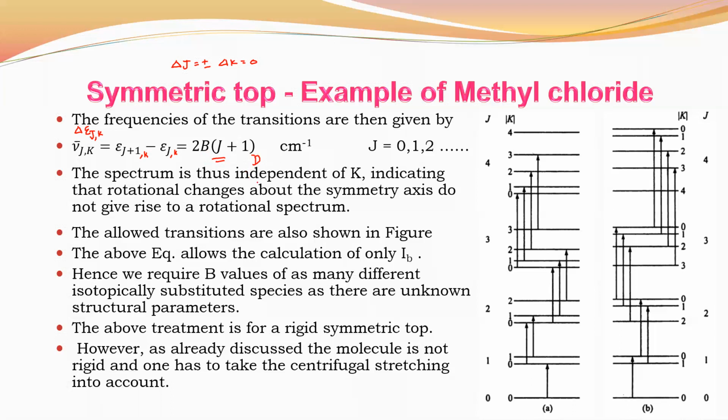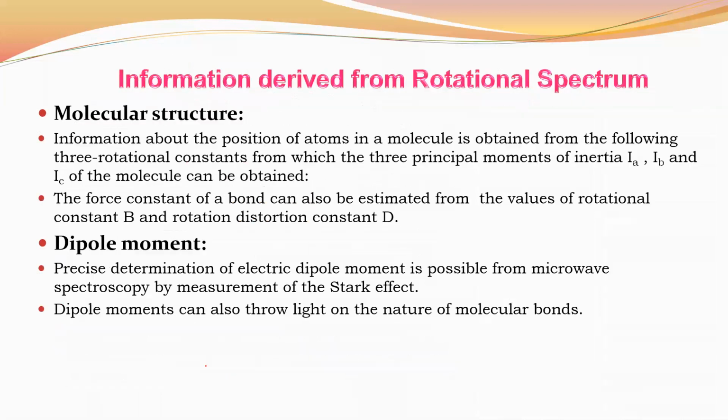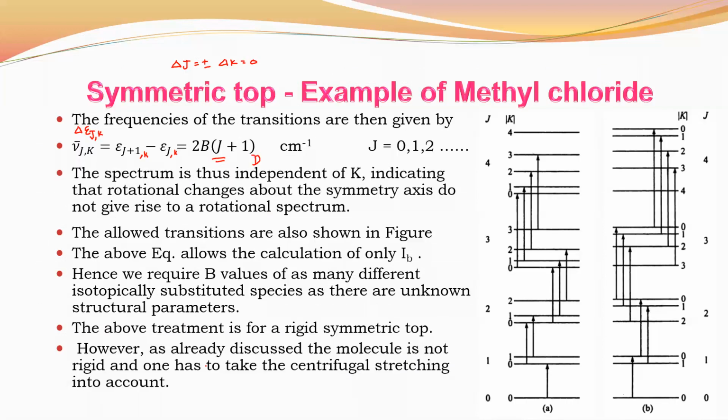So there must be some centrifugal rotation motion. So we introduce the distortion constant D in the non-rigid rotator. So one has to take the centrifugal stretching into account to get the correct spectrum.